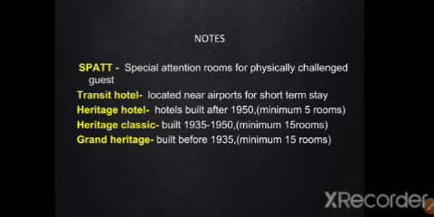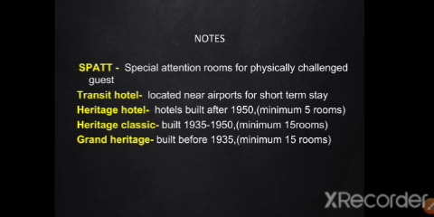What is a heritage hotel? Another very important question. For classification of heritage hotels in India, we do have a particular association who look after the classification and maintenance of these heritage hotels. Depending upon the classification, we have three different types of heritage hotels. The first one is a heritage hotel or heritage basic.